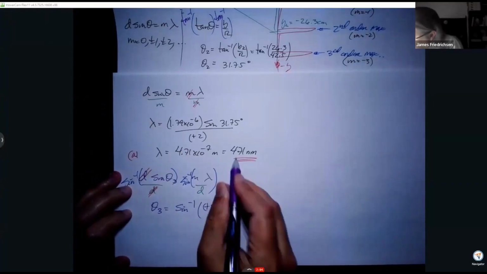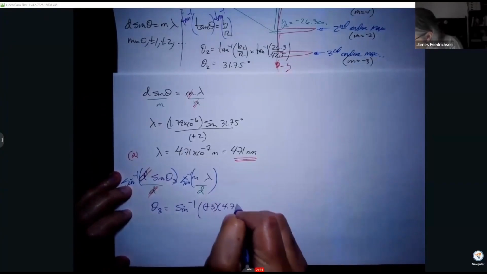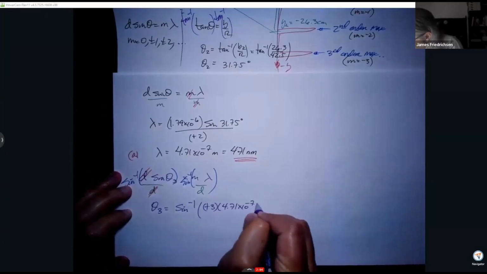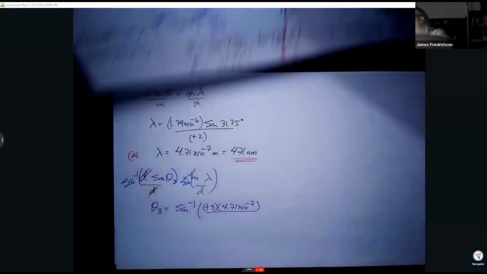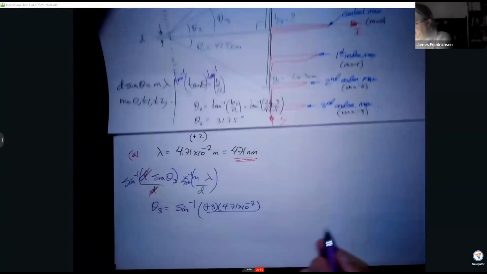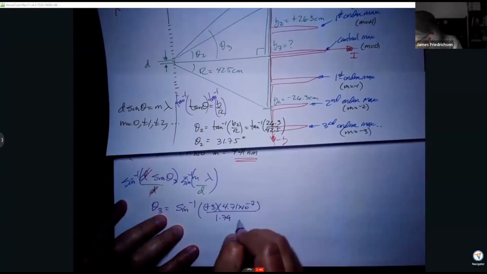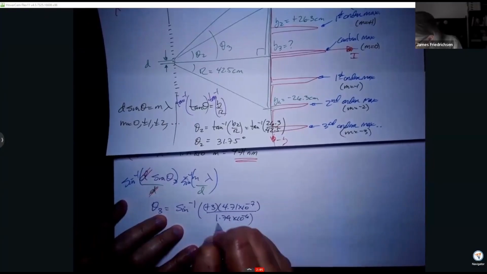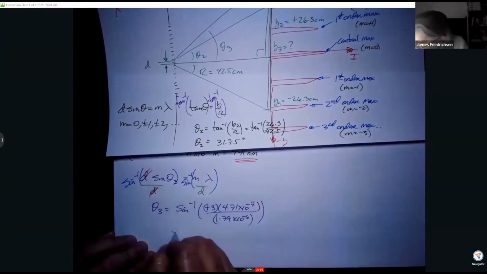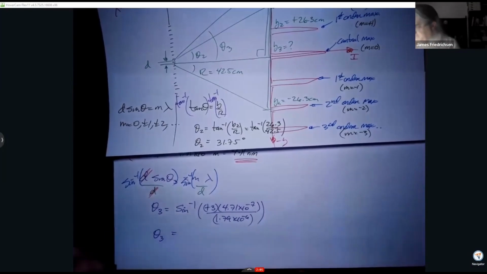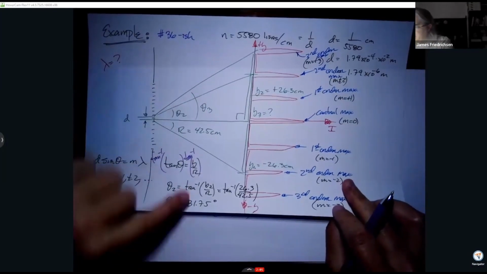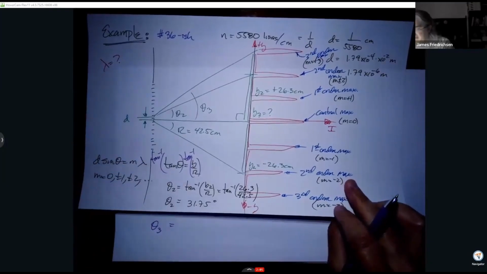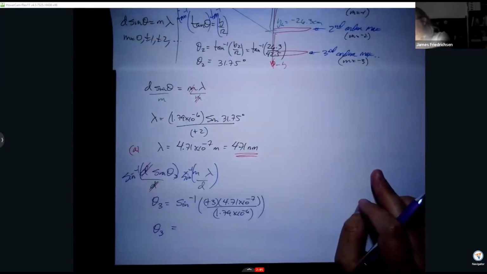3. Our wavelength is our 4.71 times 10 to the -7, or 471 nano. And our spacing is that 1.79 times 10 to the -6. This will give us our next angle. So now since theta 2 was 31.75, then theta 3 will be bigger.